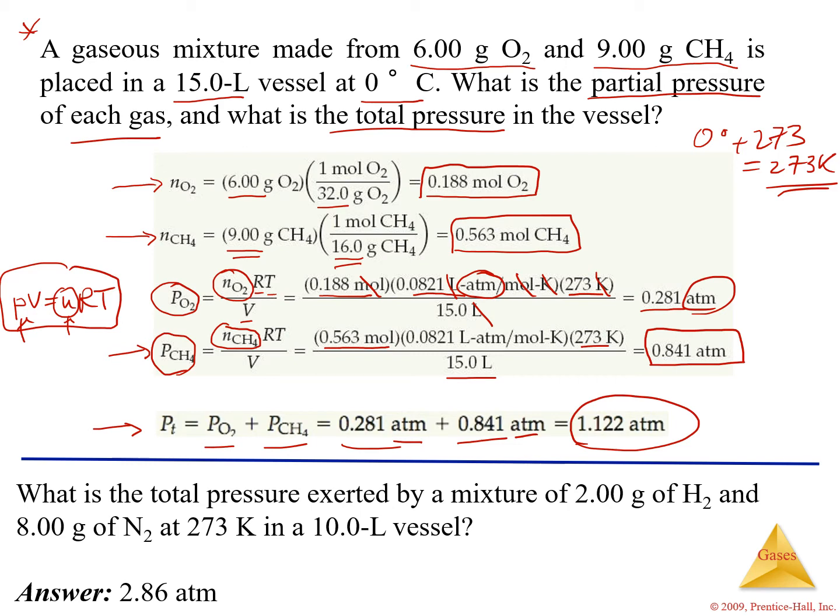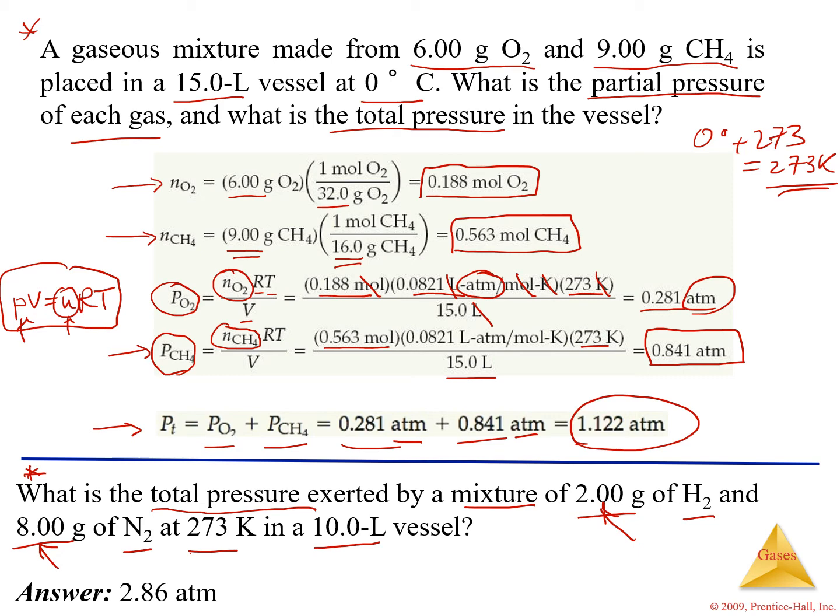Here you have another exercise example, which is very similar in the sense that it's asking to calculate the total pressure of the mixture, which is composed of 2 grams of hydrogen and 8 grams of nitrogen at the given temperature and volume. So to solve this, you really have to start with converting 2 grams of hydrogen to moles of hydrogen, 8 grams of nitrogen to moles of nitrogen, and then applying very much the same strategy.